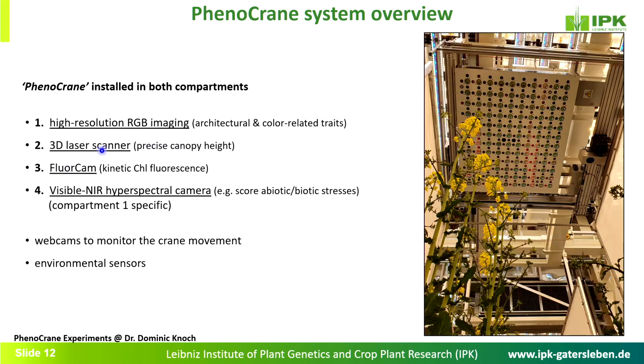The FluoCam where we can measure kinetic chlorophyll fluorescence, as we also do in the LambdaTech systems, and a hyperspectral camera with visible and near-infrared range, which is only present in compartment 1 currently. We didn't have enough money to invest it into compartment 2. And furthermore, the whole system is monitored with webcams to ensure crane movement, and environmental sensors.